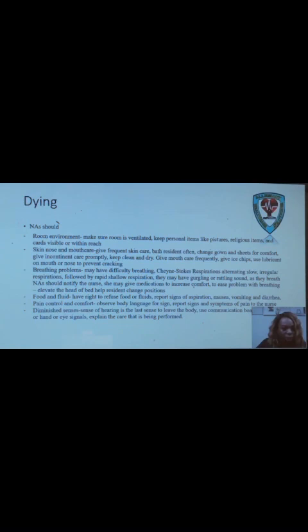You want to give them the utmost respect, understanding that even if the resident cannot talk or move, they can still hear you. So you will be explaining the care that you will be performing to them, when they're at the point where they can only hear you.